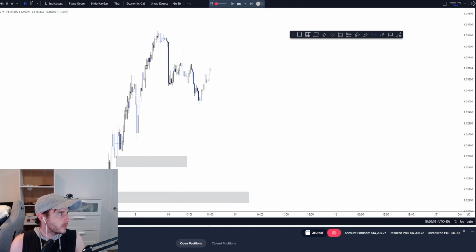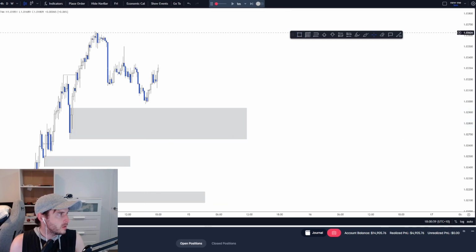Okay, so what do we have here? This would be my little range. Price reacted from here and here. This would be my extreme. And then price is looking to break these highs.